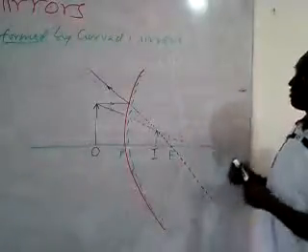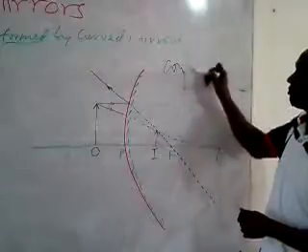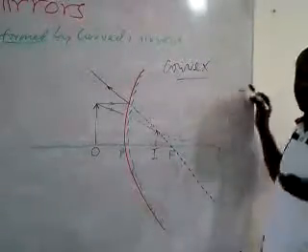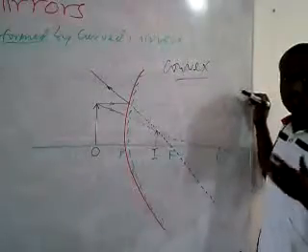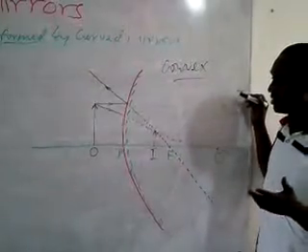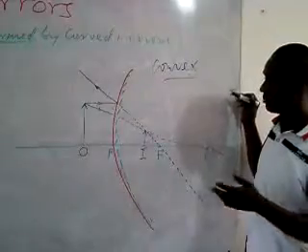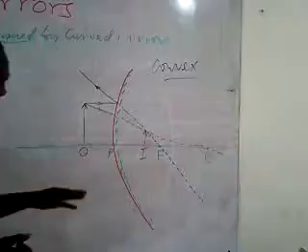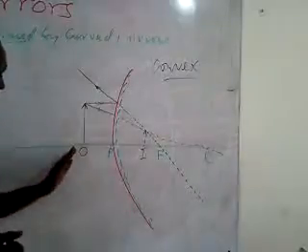And a typical example of convex mirror is driving mirror. So you observe that driving mirrors produce small upright images. And it depends on the distance of objects from the mirror.